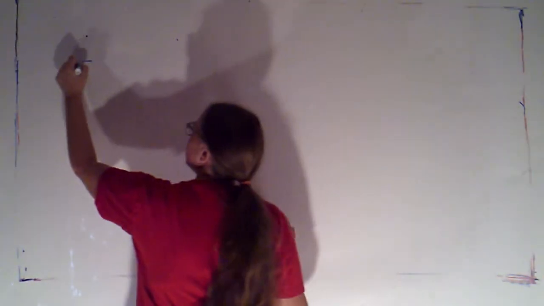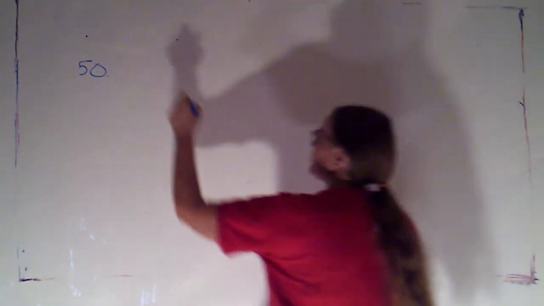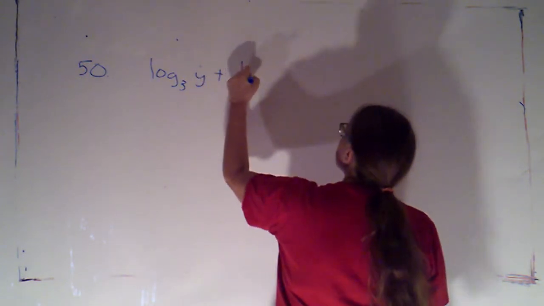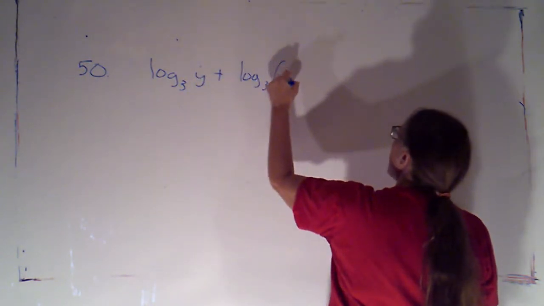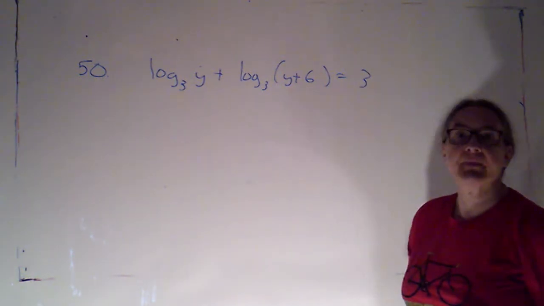So let's look at an example, and I've actually just selected some even numbered examples from the text to take a look at. So this is problem number 50. It says the log base 3 of y plus the log base 3 of y plus 6 is going to equal 3.